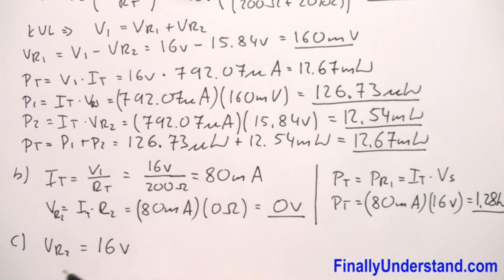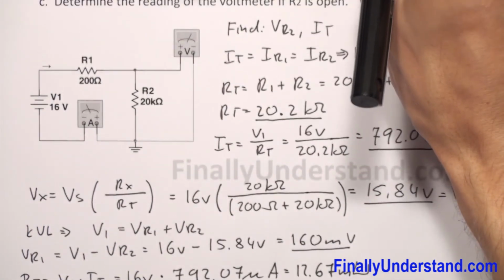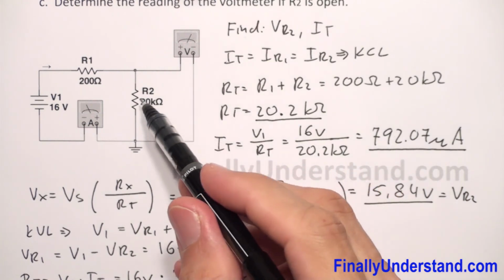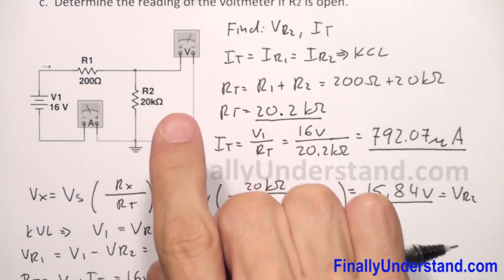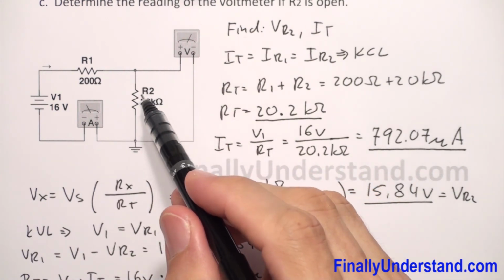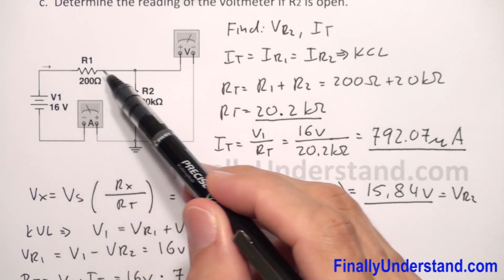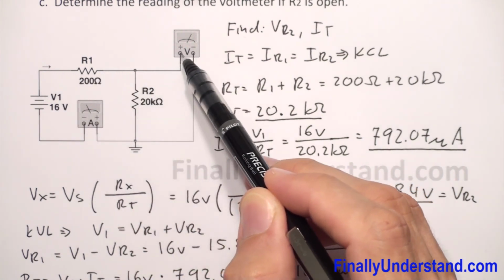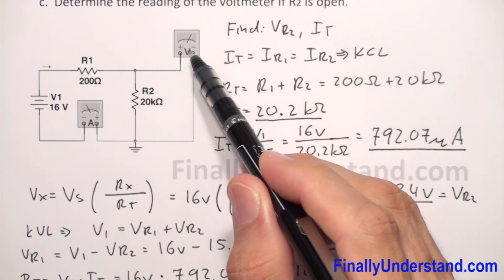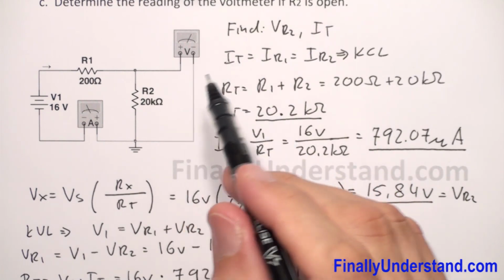And if someone is going to ask for the current, I total, because this circuit is open, this is an open circuit. I total theoretically is 0. Theoretically, because of course some current will flow through the voltmeter. There is an internal impedance of the voltmeter, but at this moment we can say it is irrelevant.